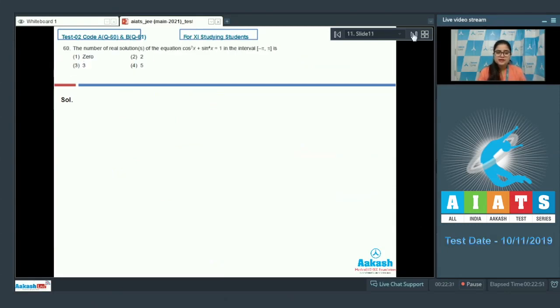Question number 16. The number of real solutions of the equation cos x to power 7 plus sin x to power 4 is equal to 1 in the interval minus pi to pi is. So just rearrange your equation. You can write cos to the power 7x is equal to 1 minus sin to the power 4x. So you can write like 1 minus sin square x and 1 plus sin square x.